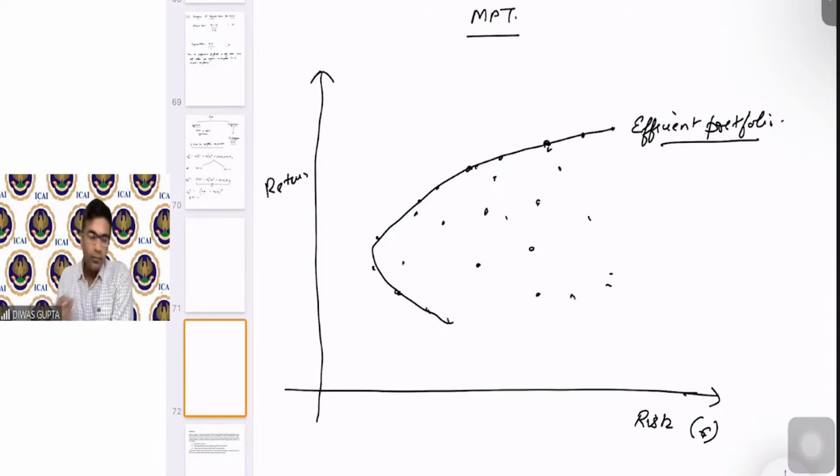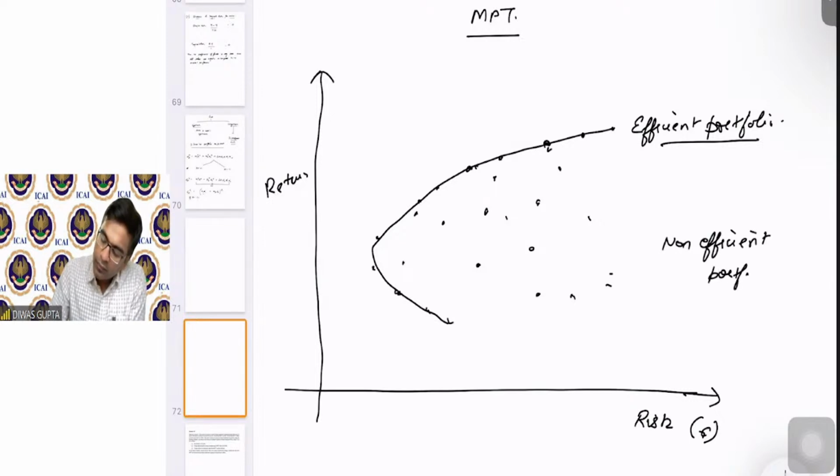Okay. Now, all the portfolios within this curve are called non-efficient portfolios. Okay, students.